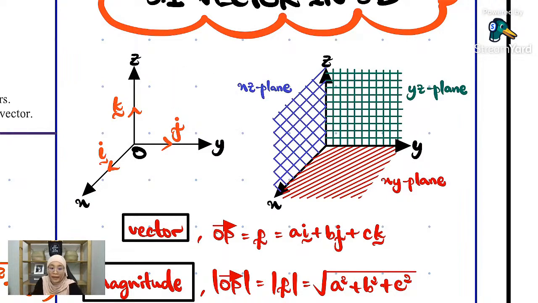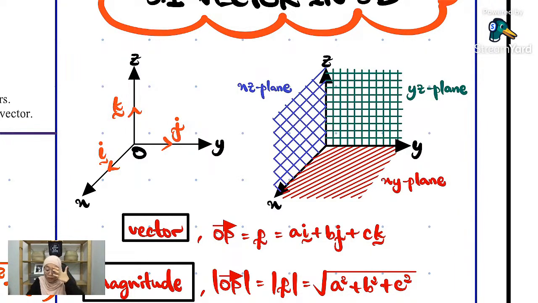Dan setiap dimension dan setiap axis ini mempunyai vektornya masing-masing, iaitu kita panggil dia sebagai vector I. Here is the I vector, here is the J vector, and here is the K vector. This IJK is just a direction, nothing more. It shows that it's going here, it's going there, and it's going up here.